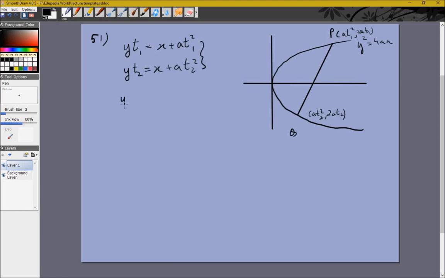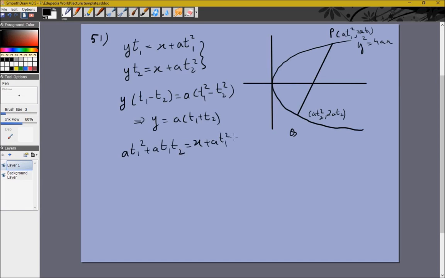First we subtract them. y times t1 minus t2 is equal to a times t1 squared minus t2 squared, which gives us y is equal to a times t1 plus t2. Substitute this in the first equation. We get a t1 squared plus a t1 t2 is equal to x plus a t1 squared, which means that x is equal to a t1 t2. y is a(t1 plus t2), x is equal to a t1 t2.